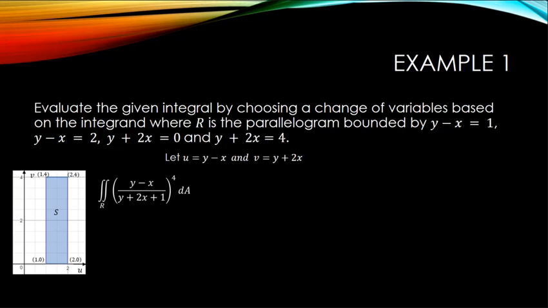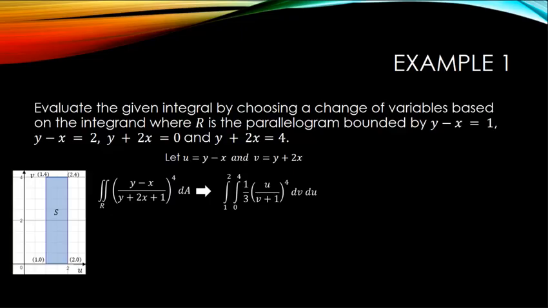So my double integral over region R of the quantity y minus x divided by y plus 2x plus 1 raised to the 4th dA will become the iterated integral from 1 to 2 of the integral from 0 to 4 of 1/3 times the quantity u over v plus 1 raised to the 4th power dv du.